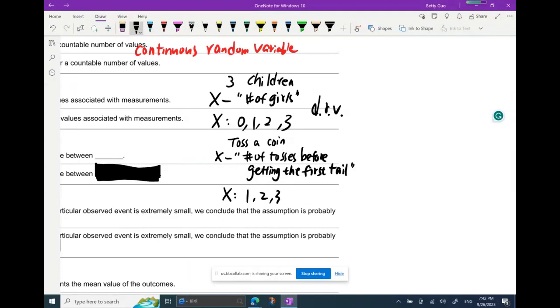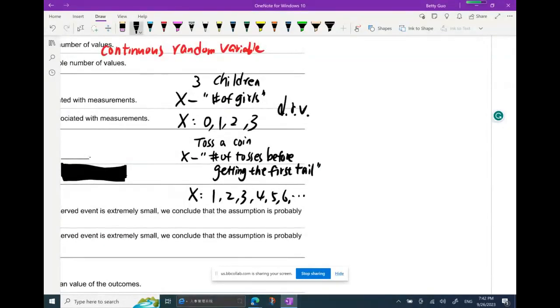Or we can try 3 times, the third time we get a tail. Or 4, or 5, or 6. Technically, I know you might think, really? Yes. Technically, x could be, we could keep going, never get a tail. Do you see what I'm talking about?